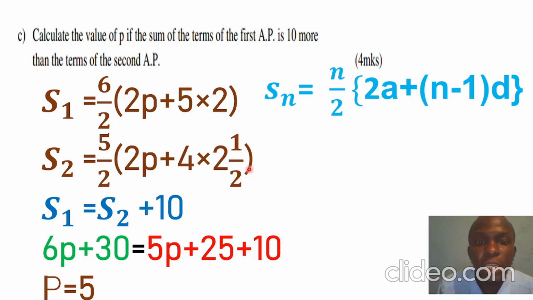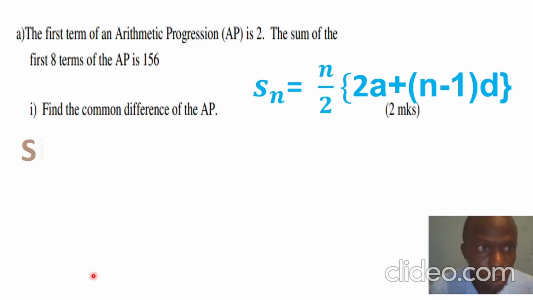Look at this 10 here. Now, after simplifying all these expressions, I bet that it is not very difficult to do. It boils down to this: 6P plus 30 is equal to 5P plus 25 plus 10, and the value of P is 5. So let us go to the second example of this particular problem.